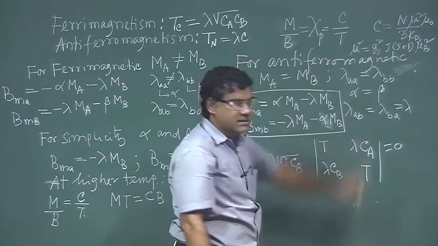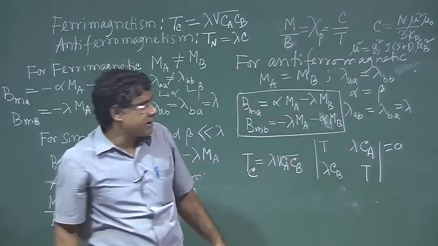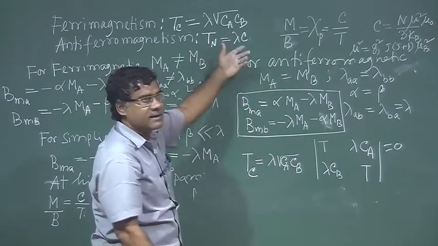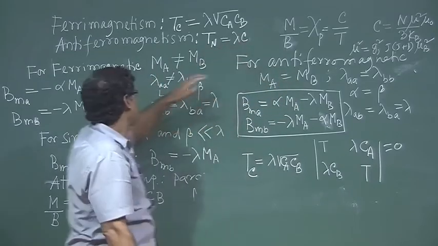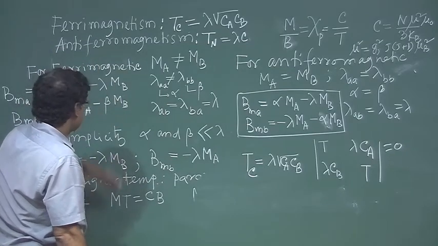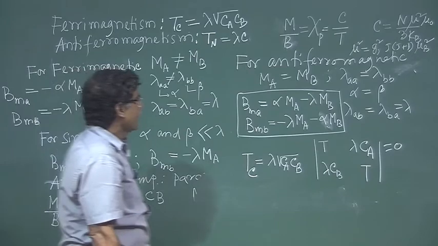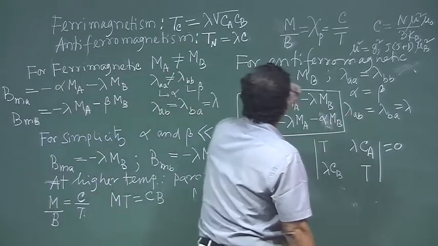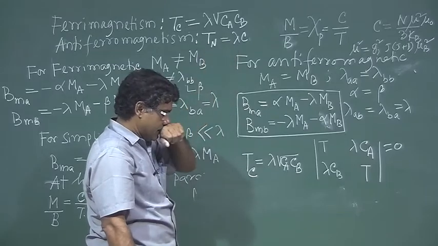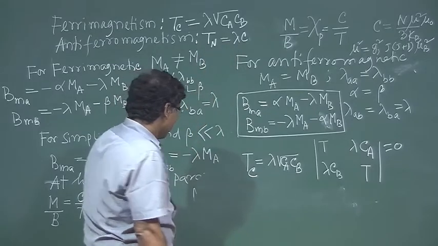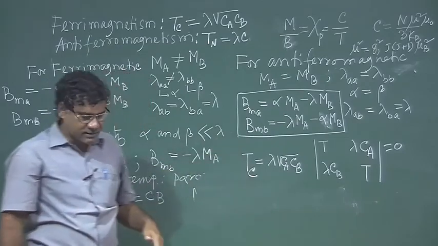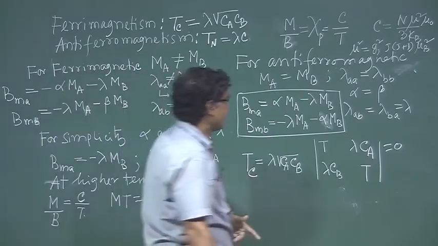If alpha and beta are not neglected, for the antiferromagnetic case we will show what the result is, but for the ferrimagnetic case we will not show it; it will be slightly complicated. So, that I will come later on. Here, why I want to show you that is that it will be more clear if we calculate the susceptibility.